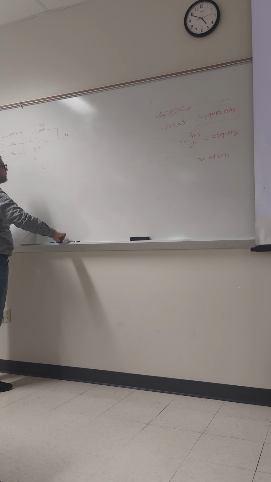Now, what is my digital input code? 101. So it will be 1, 0, 1. If you take the common 1 over R here, then it is 1 plus 0 plus 1 over 4. Let me write it properly. So this is R times the reference, then I take common 1 over R, so this R and R will cancel easily. The V reference is given 5 volt, and this is 1, this is 0, this is 1 over 4.